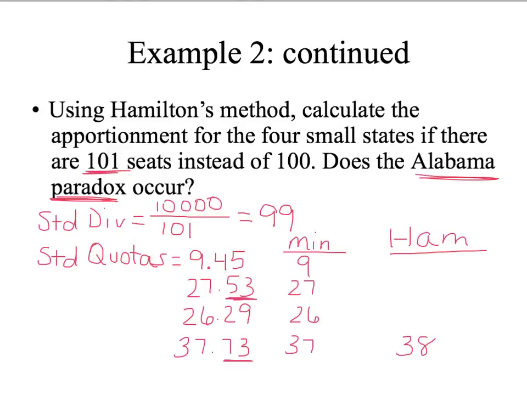And then also, because we have to give out 2 seats in this case, 27.53 will round up to 28, leaving this one at 9 and 26. And here's where the Alabama paradox occurs, because if we increased the seats, we should not have had a state that went down and lost a seat, and that's what happened to state A.